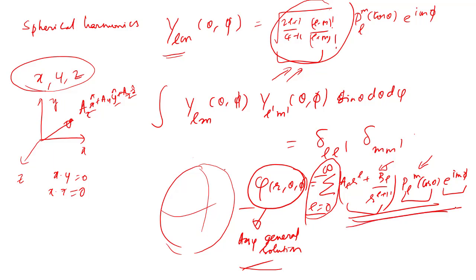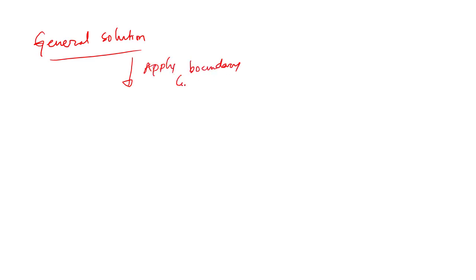So this is a general solution. So we have come up with a general solution. If we want a specific solution, we need to apply boundary conditions. So if you apply boundary conditions that are specific to our problem, then from this general solution we get a specific solution. So what does this mean?